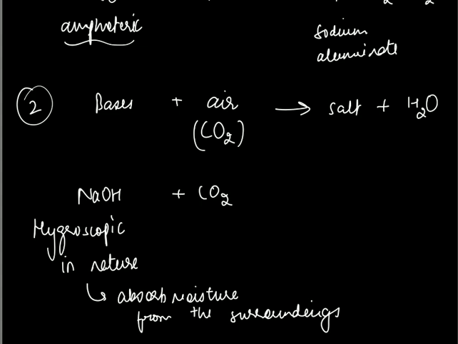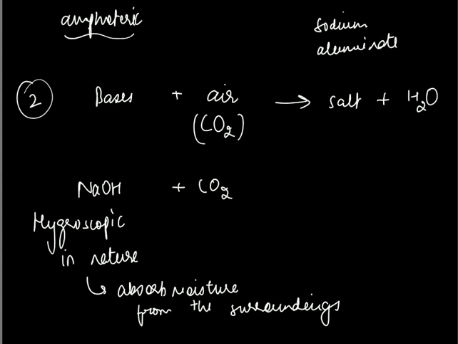If you weigh those pellets to make a solution and keep them in the open air, they will absorb moisture and start changing into some liquid form. Because of this property, NaOH is hygroscopic in nature.